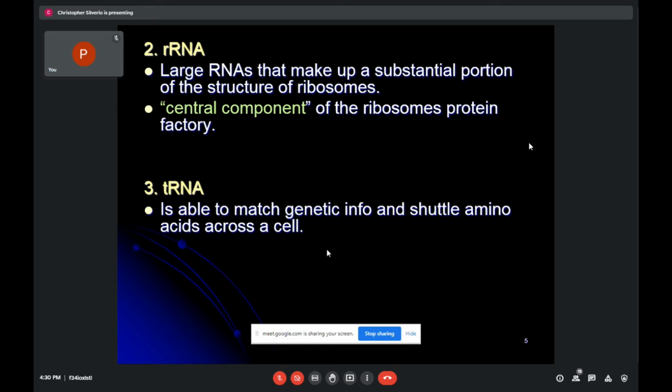Okay? So the transfer RNA is a carrier of amino acid.